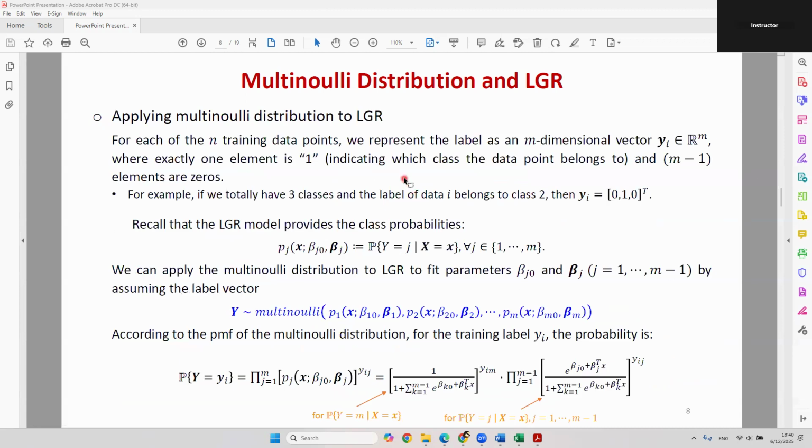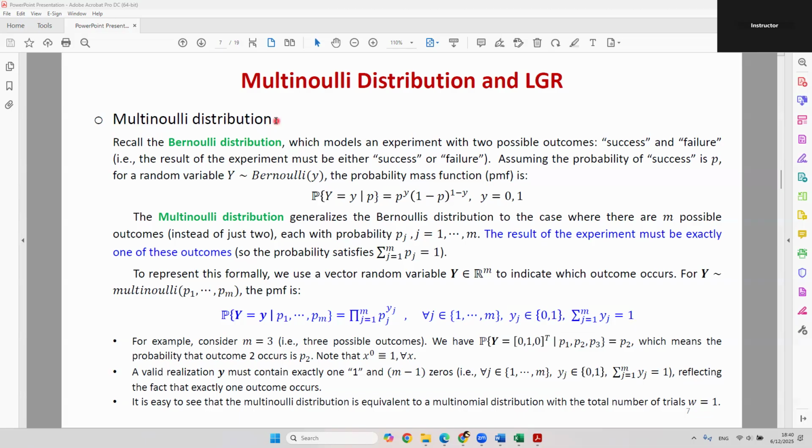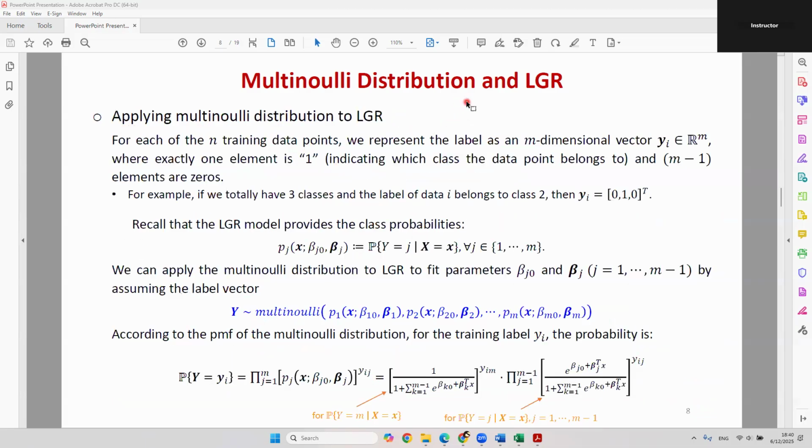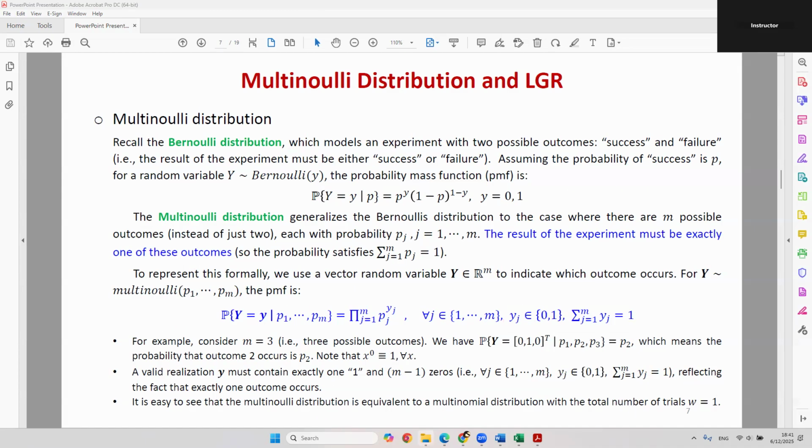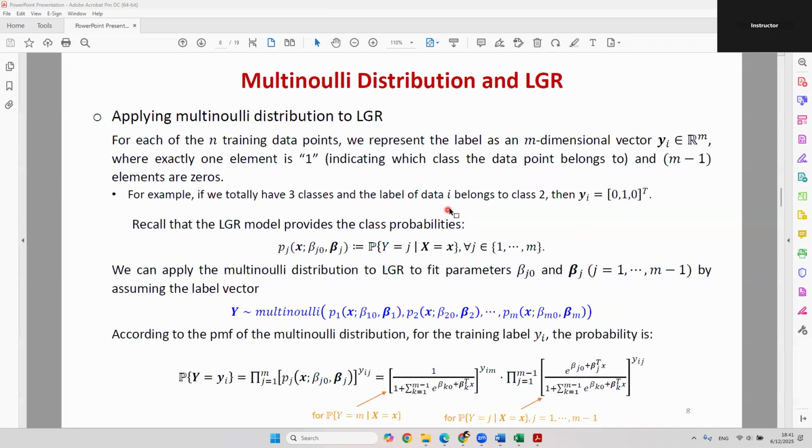Let's see this multinomial distribution. How can we link it to the LGR, the logistic regression? For these n training data points, we can represent the label as a vector. Wait, it should not be in R^m.